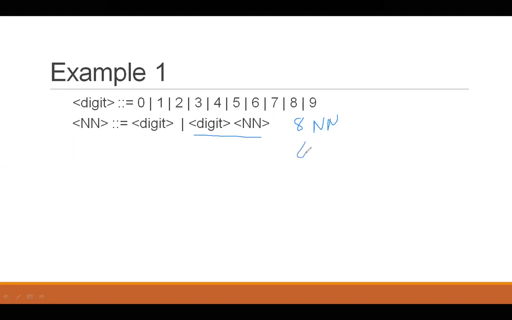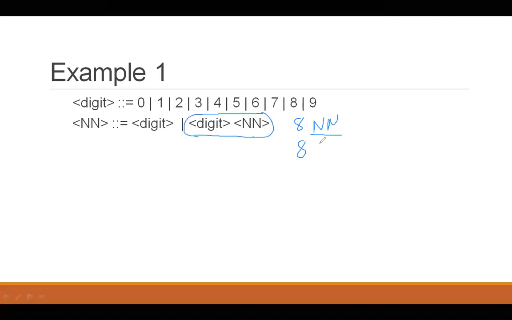Now that natural number is again equal to this part, so I can write this part of the definition again: natural number is equal to digit followed by another natural number.